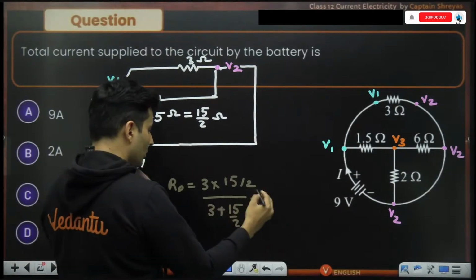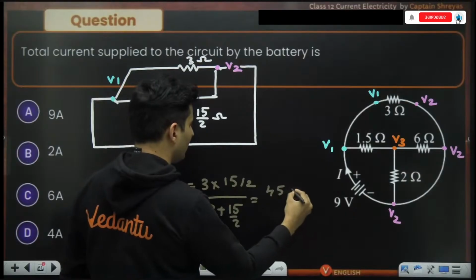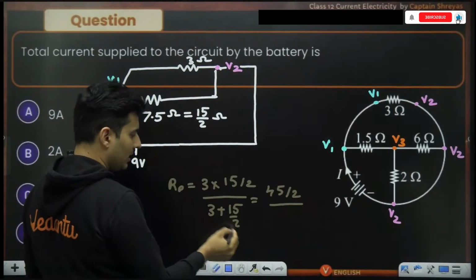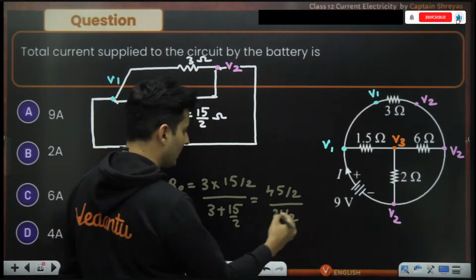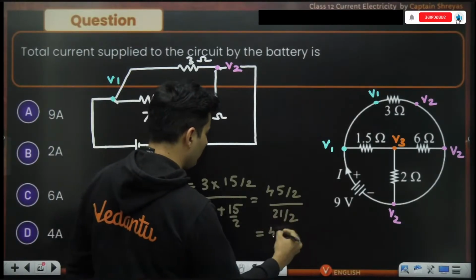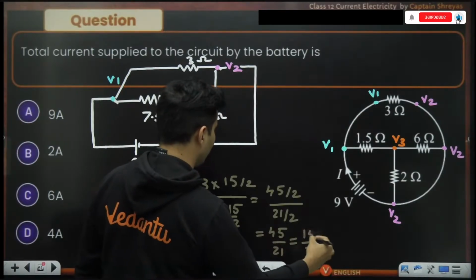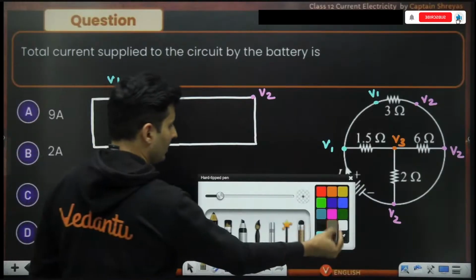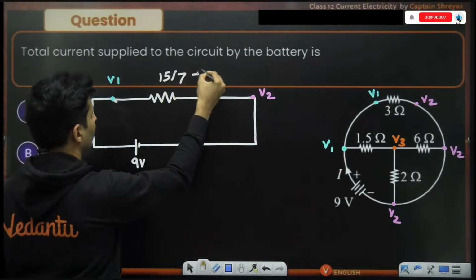So this is 15 3s are 45 by 2, whole thing divided by 3 2s are 6, 6 plus 15, that is 21 by 2. 2 cancels, 45 by 21, divided by 3 is 15 by 7. So this equivalent resistance will be 15 by 7 ohms.